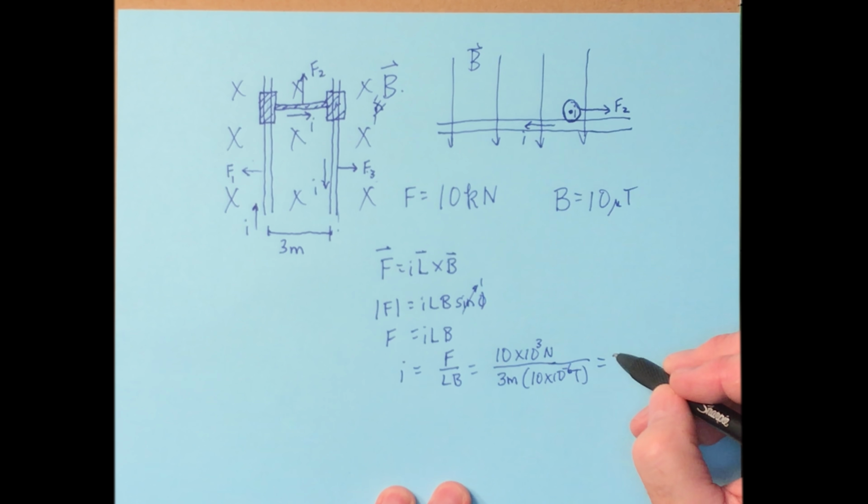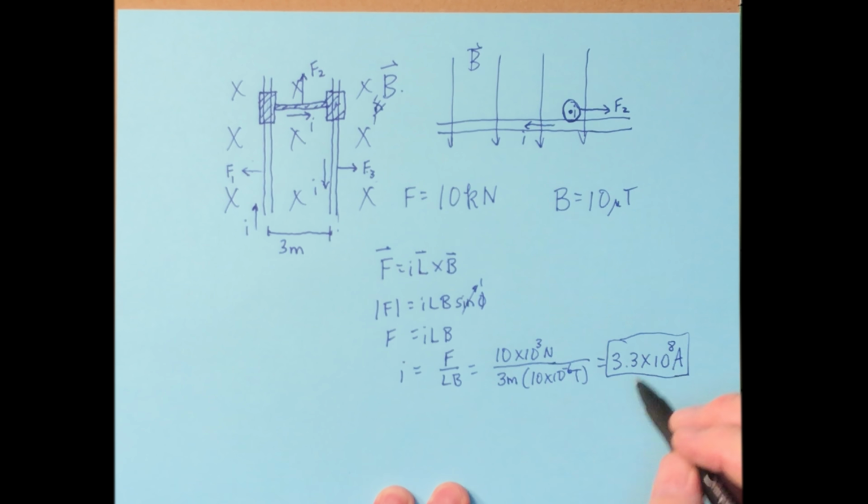That turns out to be 3.3 times 10 to the 8 amps. Okay, so that's a significant amount of current. That's 333 mega amps. A big amount of current.